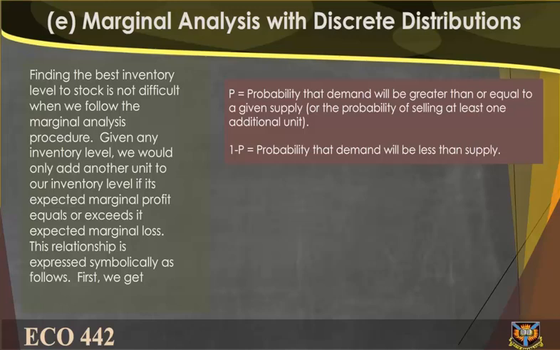This relationship is expressed symbolically as follows. First, P equals the probability that demand will be greater than or equal to a given supply, or the probability of selling at least one additional unit. 1 minus P equals the probability that demand will be less than supply.